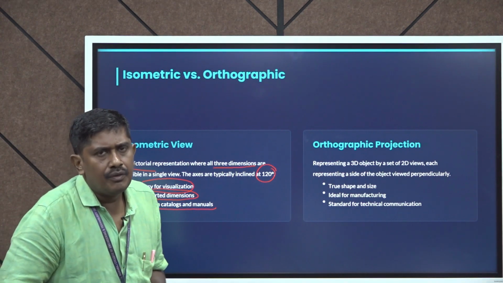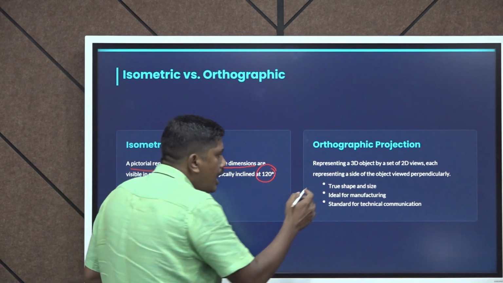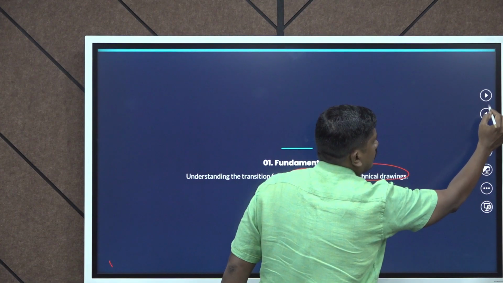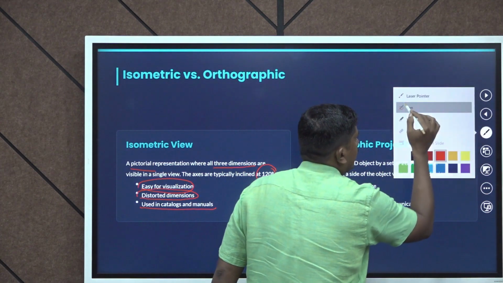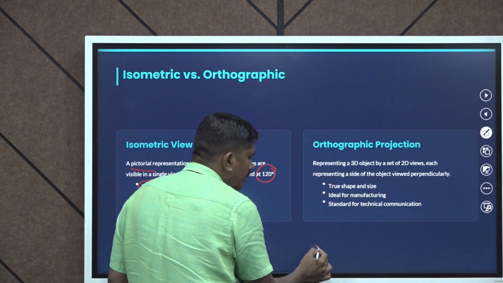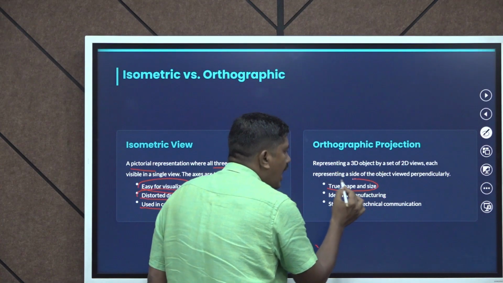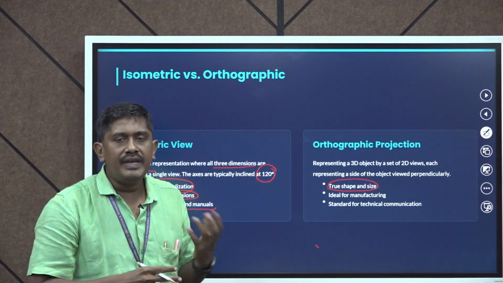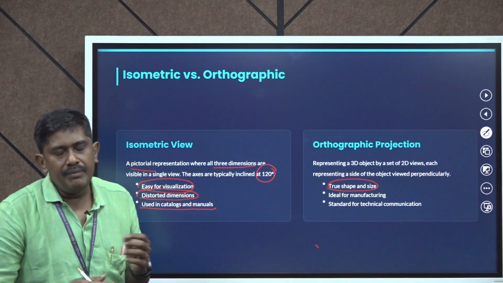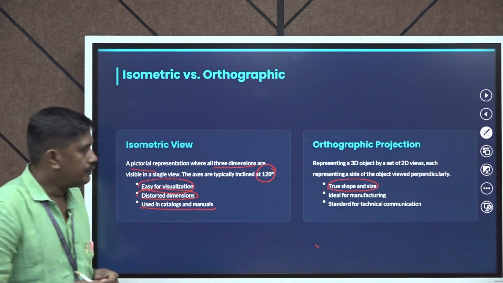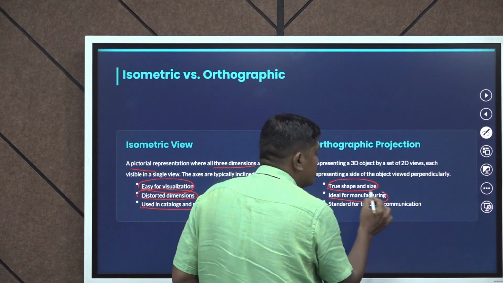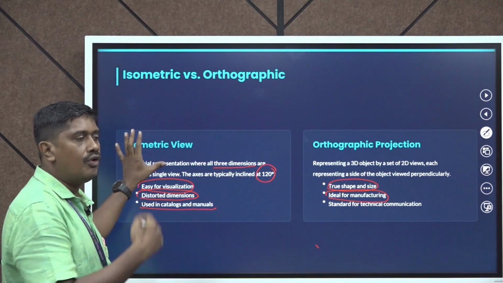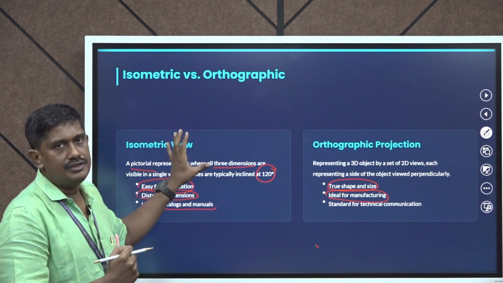The orthographic view is mainly about true shape and size along all the views. Primarily we call it 3 views, and it is ideal for manufacturing. That is foremost important, because we use isometric to get data from the consumers.